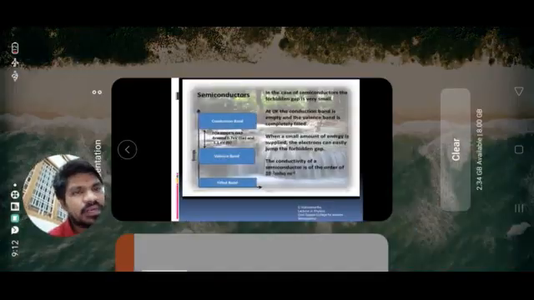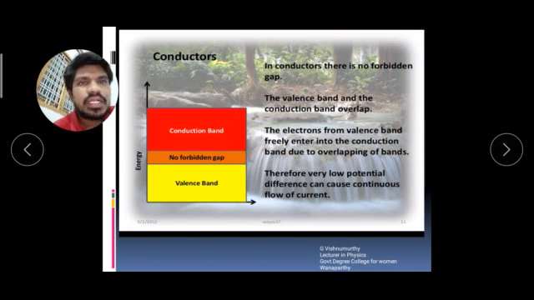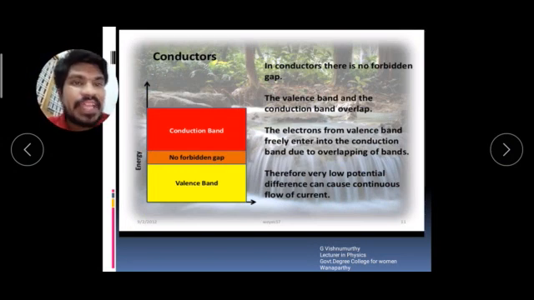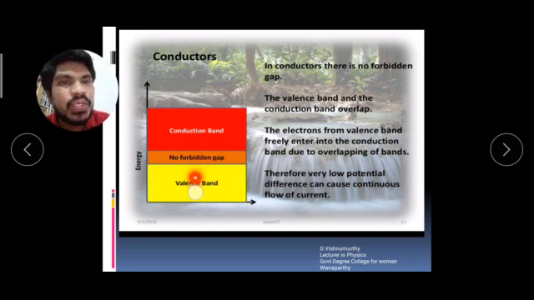And the third one is conductors. You see this figure of conductors: the valency band is close to the conduction band, or there is no forbidden energy gap between the valency band and the conduction band. That means the valency band overlaps with the conduction band.